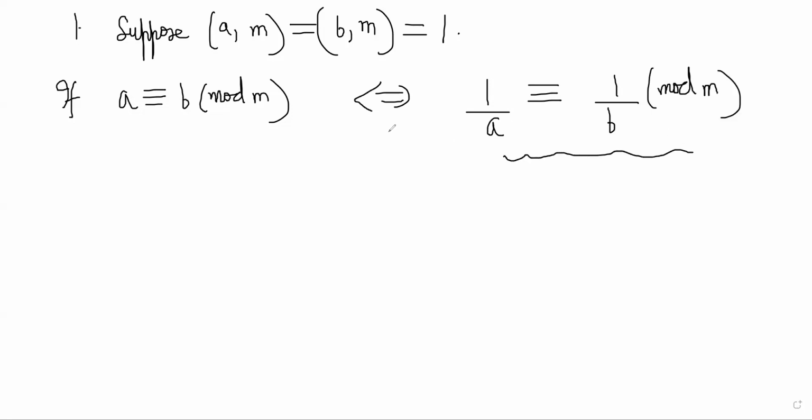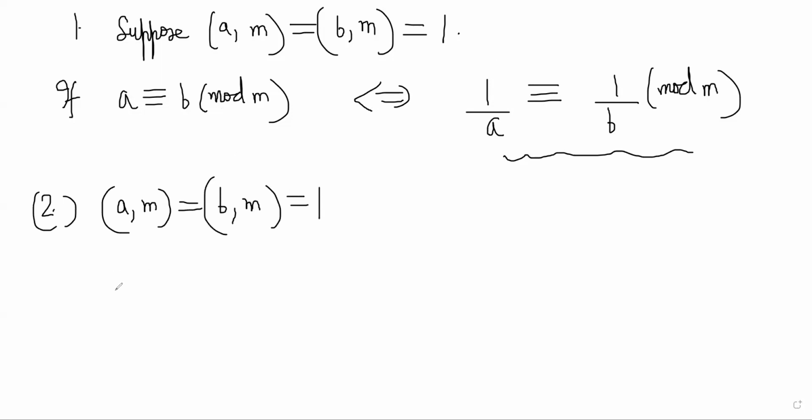And this relationship works both ways. If 1 by a is congruent to 1 by b mod m, then a is congruent to b mod m. Similarly, the second property is if a and m are coprime and b and m are coprime as usual, 1 by ab is congruent to 1 by b into 1 by a mod m.